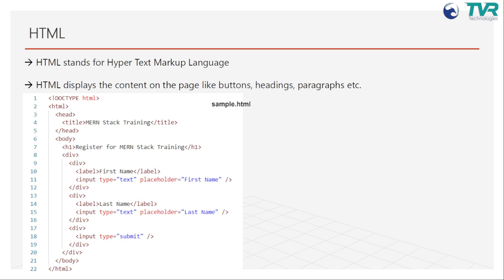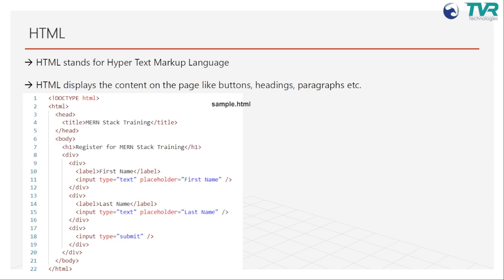Here on the screen you can see the sample.html file, and the syntax you are seeing, doctype html, html, head, is HTML code. This is how we structure our web pages.